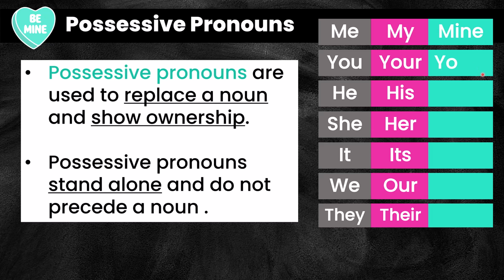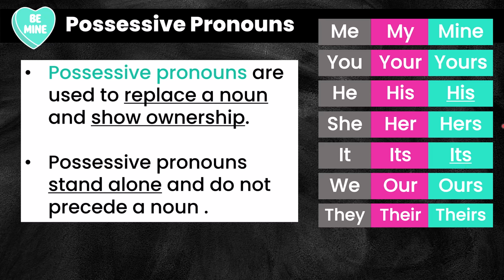Mine, yours, his, hers, its, ours, and theirs. Notice that his remains the same and its also remains the same. However, it is very unlikely you will ever use the possessive pronoun its.